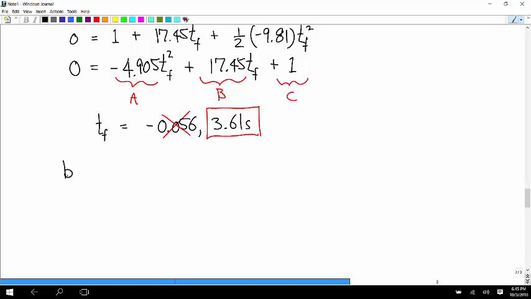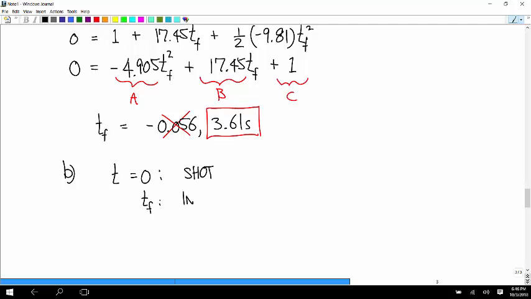And then for part B, now we want to figure out how high it is at the highest point. So our time equals 0 is still going to be when it's shot. Our time final, now we have to change this one because we're looking for information when it's at its highest point.